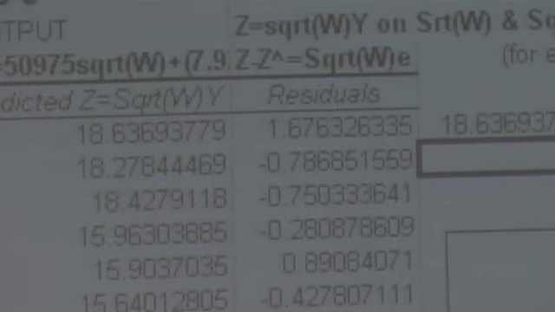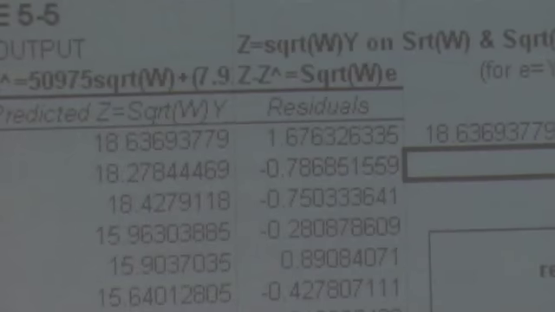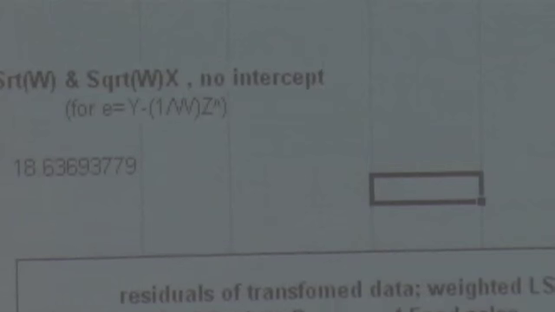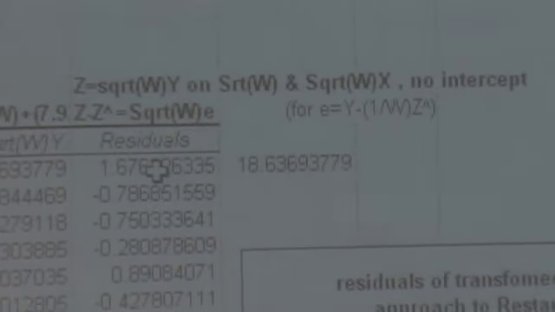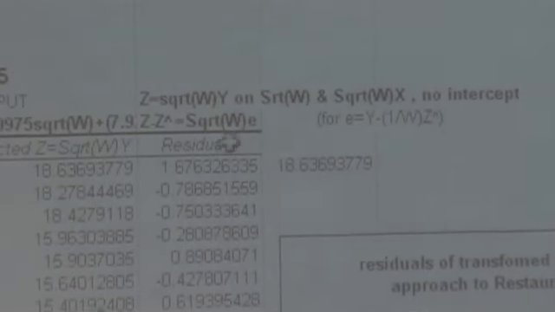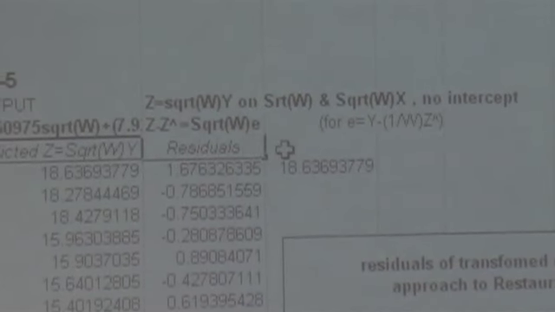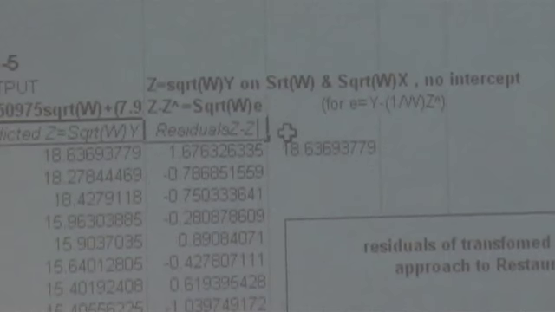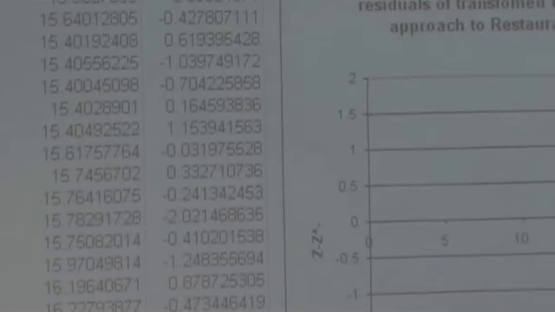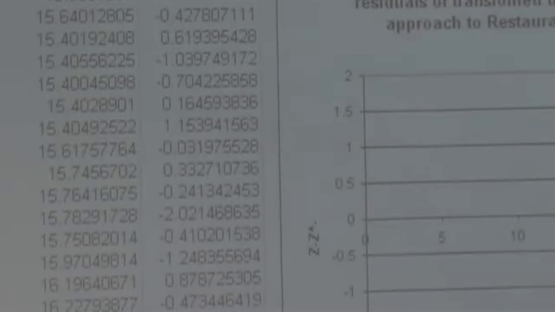All right. Now, so those are those, and I go ahead and I calculate the residuals, Z minus Z hat. And they're pictured. Okay? Versus Z hat, here I actually have it labeled correctly.